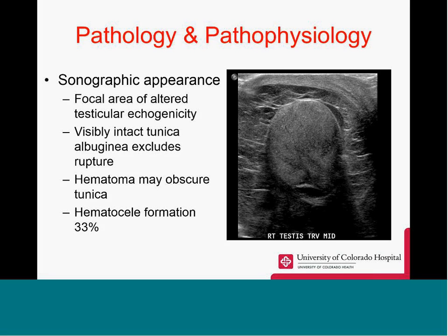Unfortunately, a hematoma may obscure the tunica, as you see in this image. We see a large hematocele, possibly a disruption here on the posterior lateral side, but definitely obscured by this large hematocele, which occurs in about 33% of testicular ruptures.